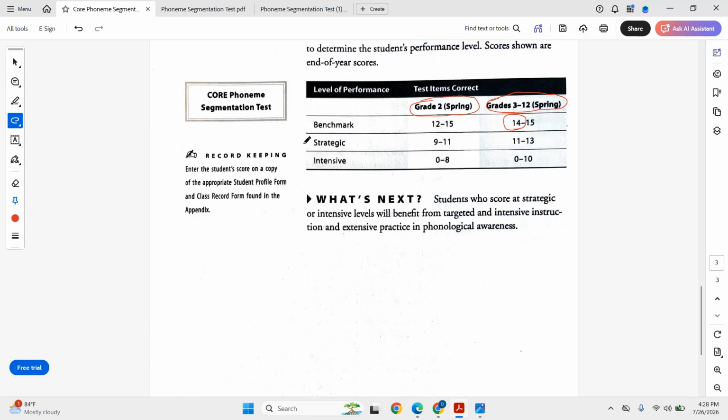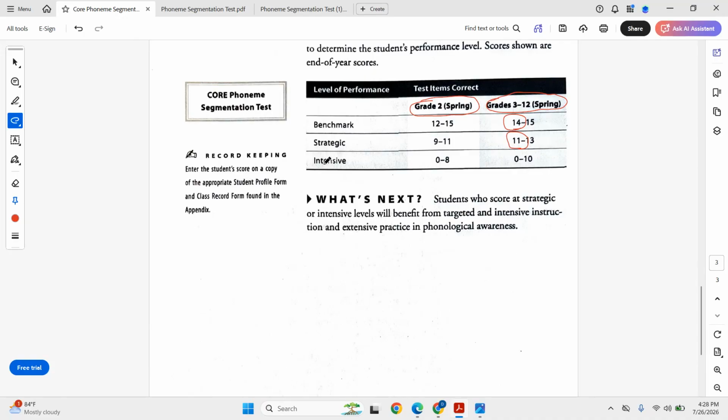To check if our student is at the strategic level, he must get at least 11 items correct, or 11 to 13 items, but at least 11, right? Is Kaden at the strategic level? No, because he got 6 items correct.